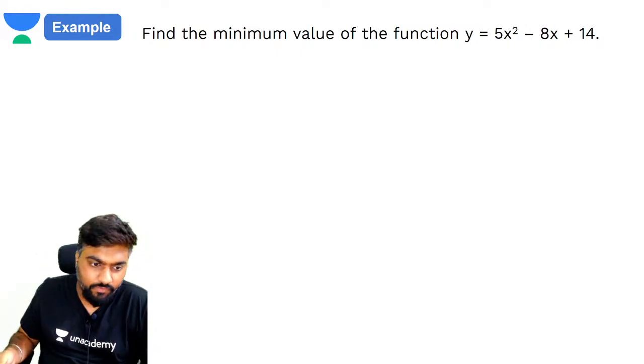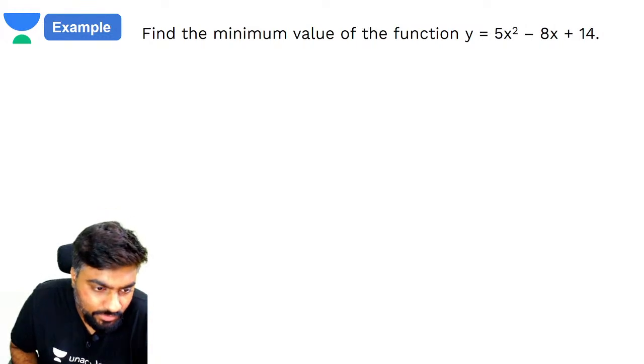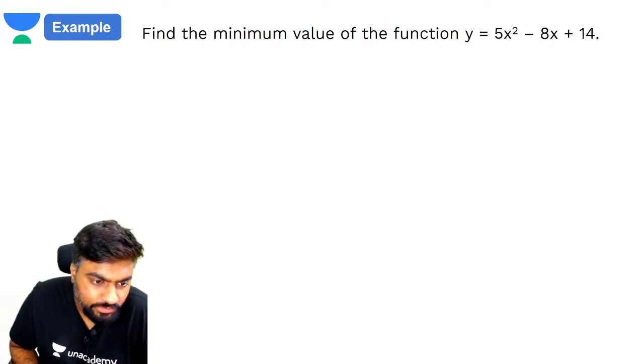So you'll have 4ac is minus 8, minus b square is 16.